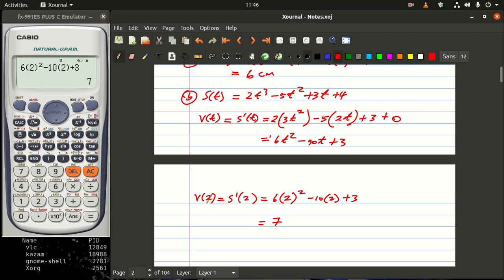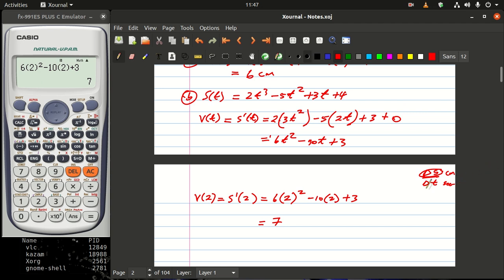Of course, you know that velocity is a change in position divided by a change in time. So the units for this, of course, it was centimeters, and then for this one, the units were seconds.